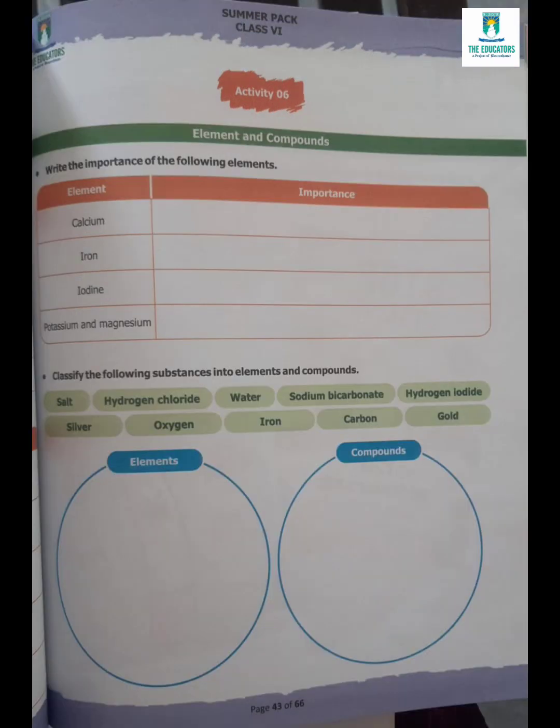Activity number 6, elements and compounds. The question is, write the importance of the following elements. First element is calcium. As we know, calcium is present in our bones. It makes our bones healthy, strong and hard. Next is iron. It's a mineral.